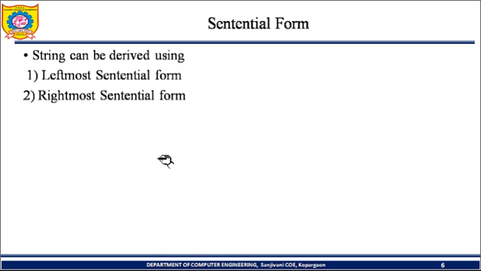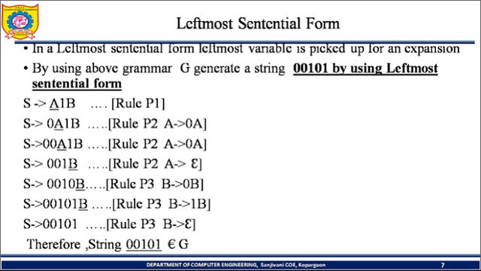Now actually there are two types of sentential form. One is the leftmost sentential form, and the second one is the rightmost sentential form. With the help of these two sentential forms we can generate the string. Now what do we mean by leftmost sentential form? In the leftmost sentential form, the leftmost variable is picked up for expansion. Firstly we need to pick the leftmost variable for expansion of the string.